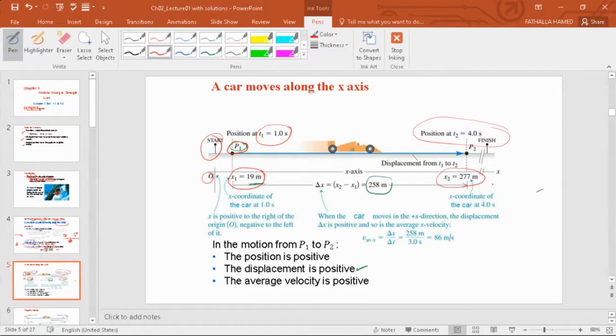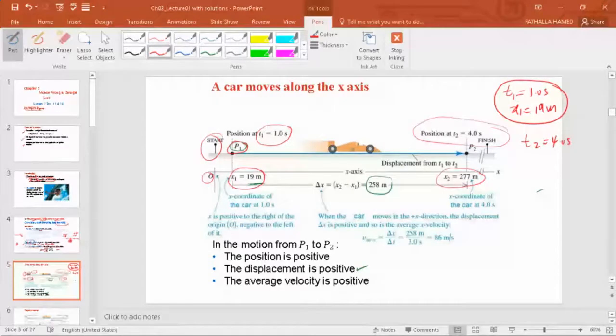So now you can say, well, t1 equals 1.0 second, x1 is equal to 19 meters. t2 is equal to 4.0 seconds, x2 is equal to 277 meters.